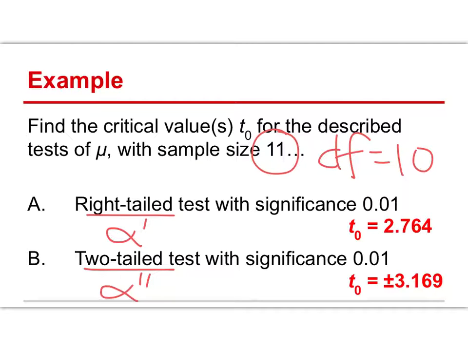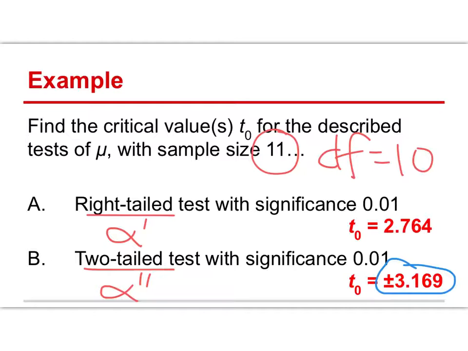Anytime that we are discussing a two-tailed test, the sign on the critical value is the plus minus symbol. So it's plus or minus 3.169.